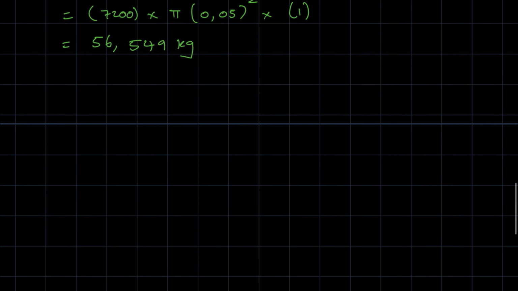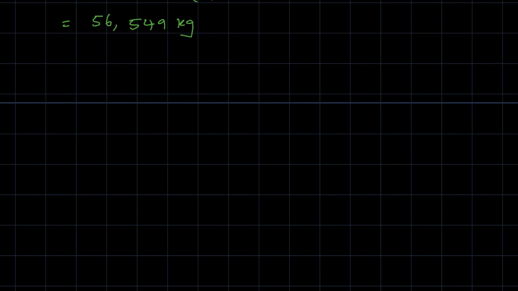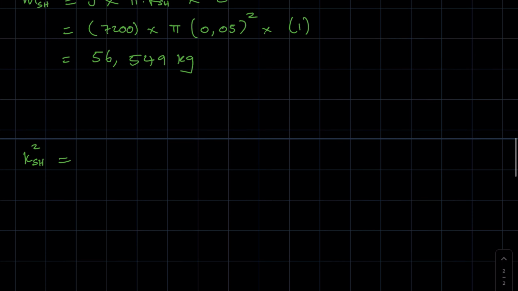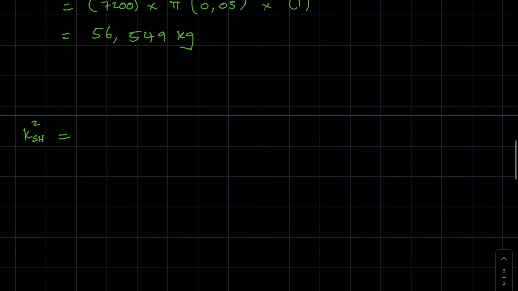Now we calculate the radius of gyration squared for the shaft. It would simply be half times the radius of the shaft squared.